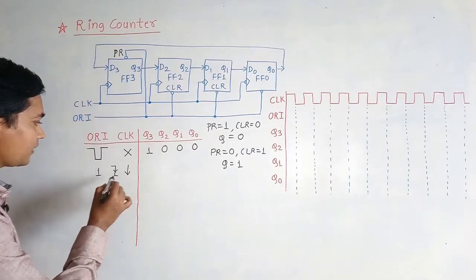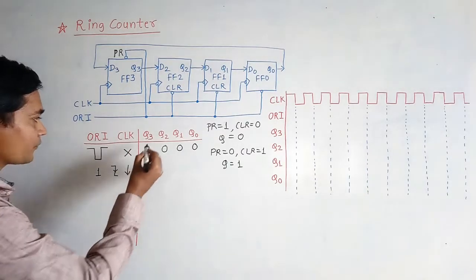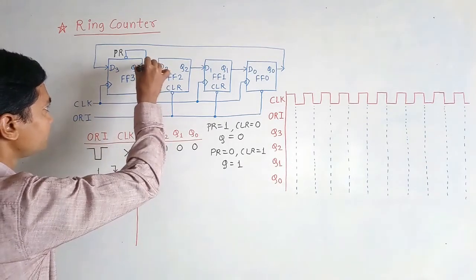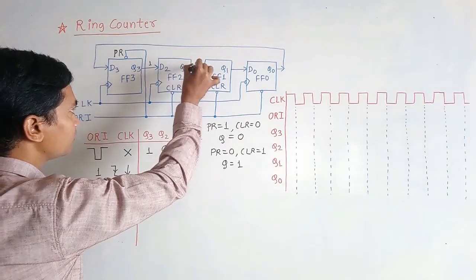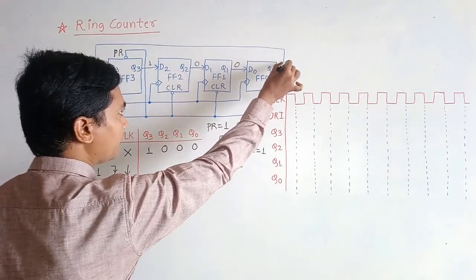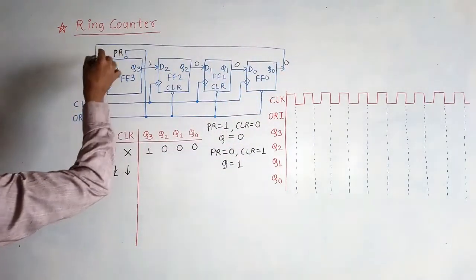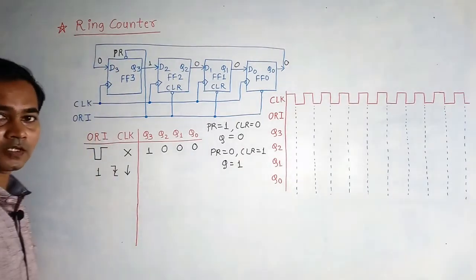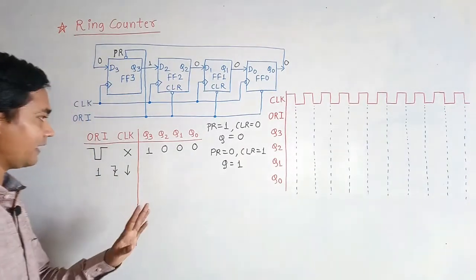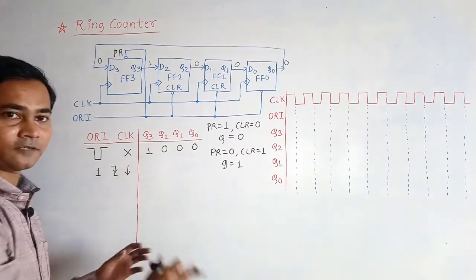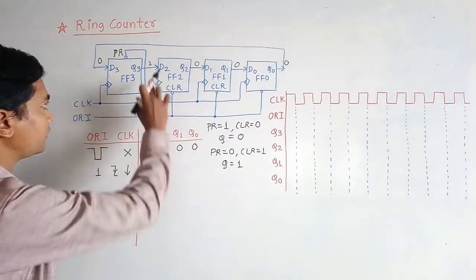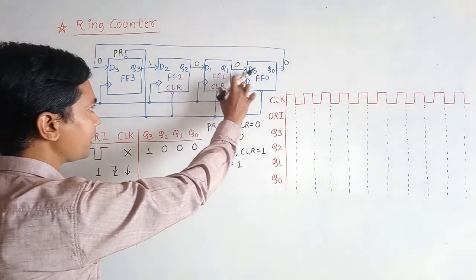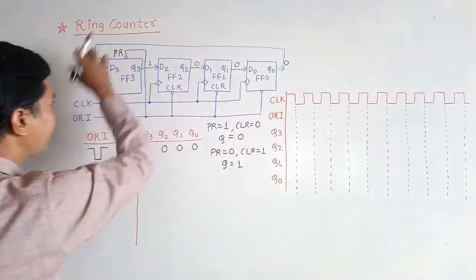Whenever the clock is applied, Q3 initially has 1, then 1 0 0 and this 0. So this 0 is waiting at the input of D3. Whenever the clock is applied, all these 4 bits will be shifted towards the right side. This 1 is waiting at the D2 input, this 0 at D1, this 0 at D0, and this 0 at D3.